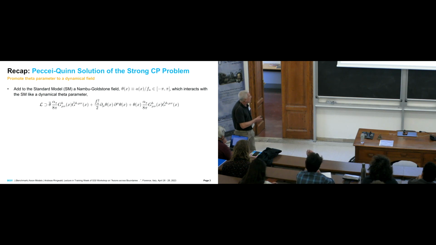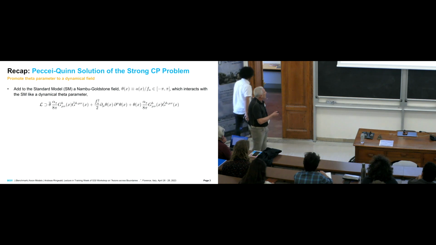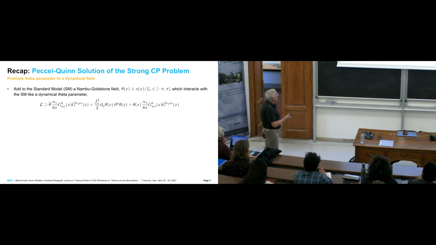Then one adds to this model a dynamical Nambu-Goldstone field theta, which has a kinetic term, and the kinetic term involves the decay constant to make it dimensionally right.